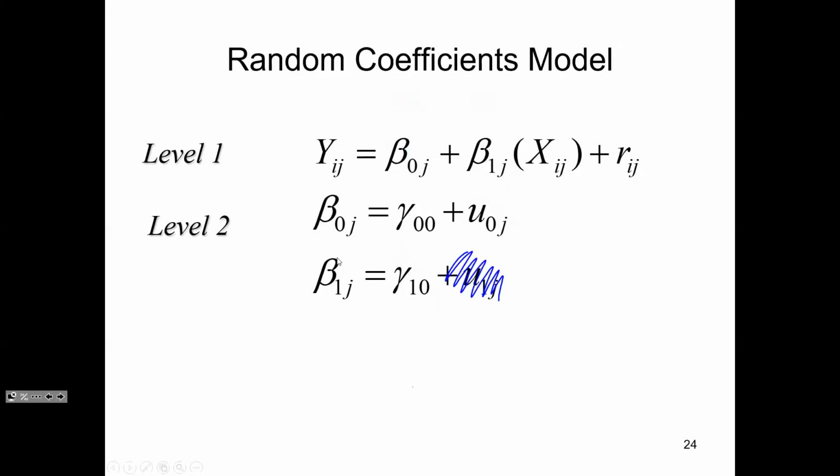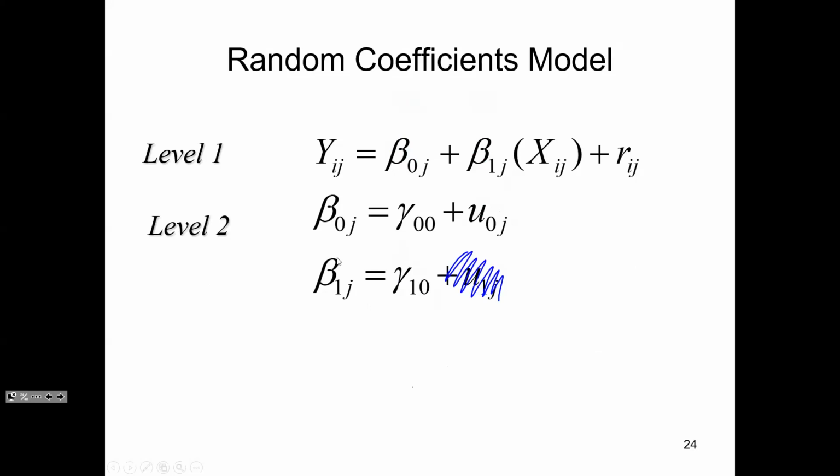hey, not all clusters are the same. There's some overall slope, and then there's also this U sub 1j, which is really capturing the deviation of school j's slope from the overall slope.